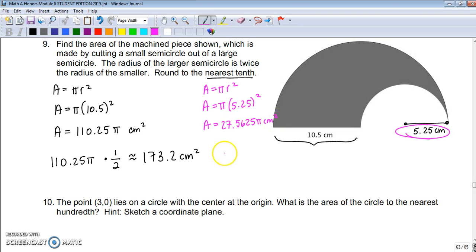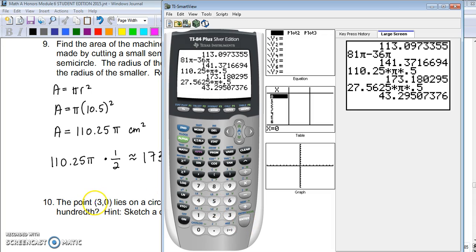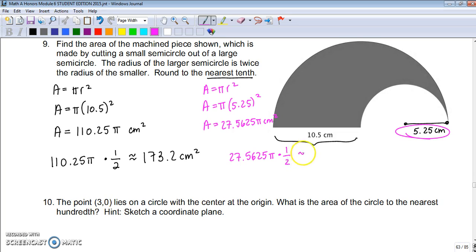We'll take that and we'll cut it in half, so 27.5625 pi times 1/2. Rounded to the nearest tenth is 43.3.